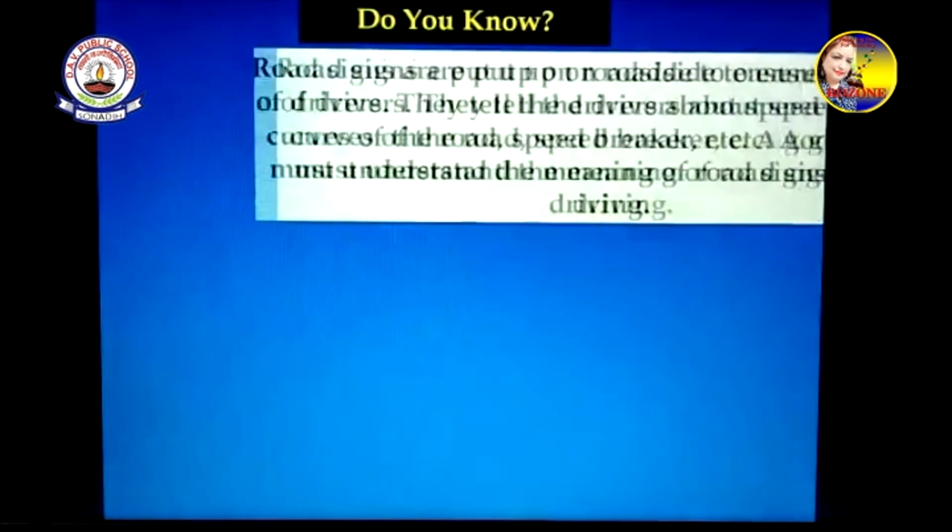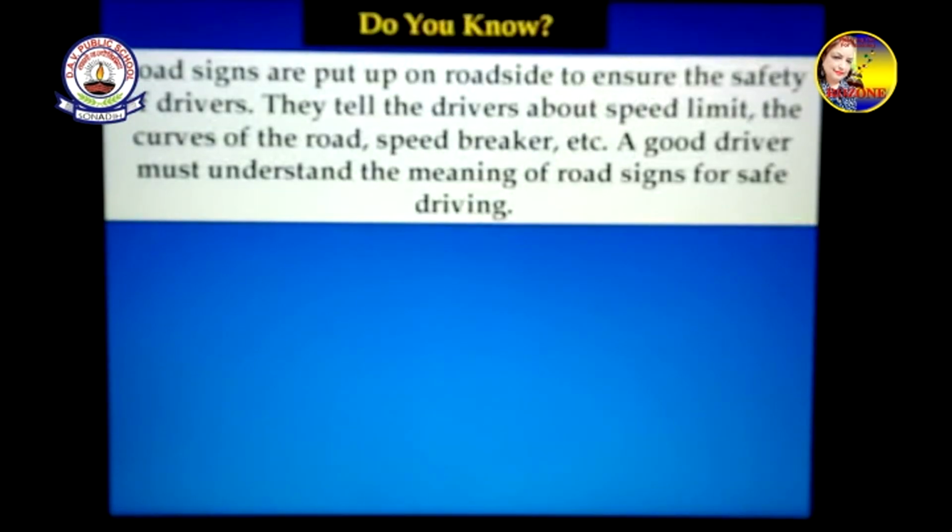Do you know road signs are put up on the roadside to ensure the safety of drivers. They tell the drivers about the speed limit, the curves of the road, speed breakers, etc. When we are going on the road by our vehicles, bus or anything, you must have seen many symbols at different places.